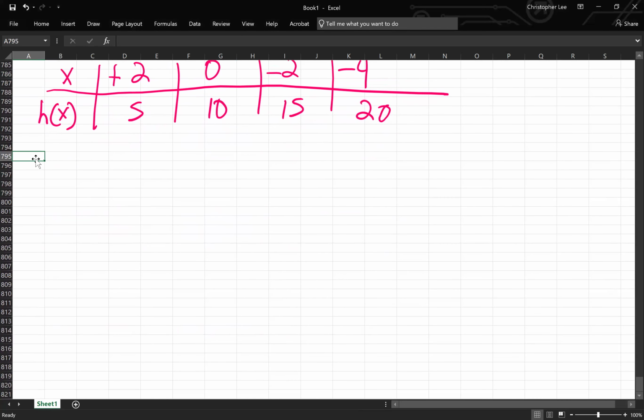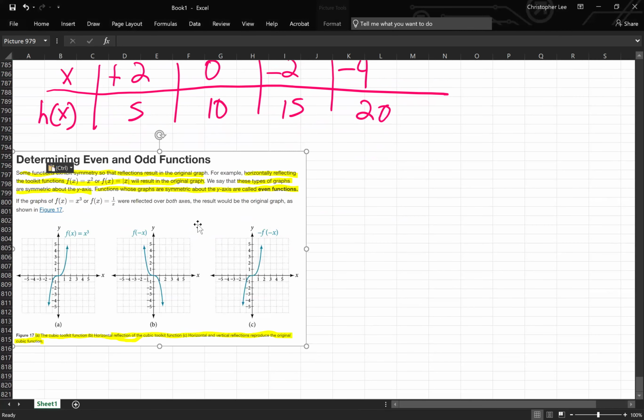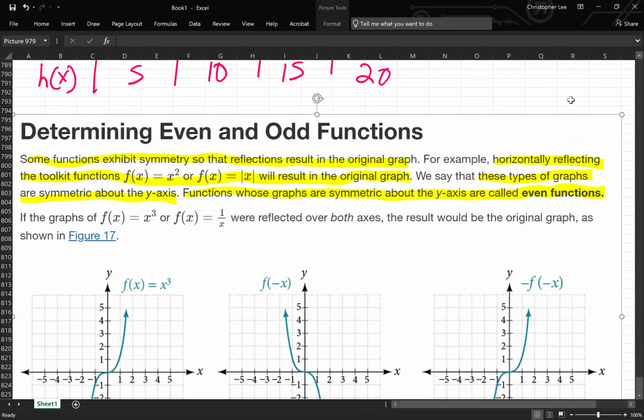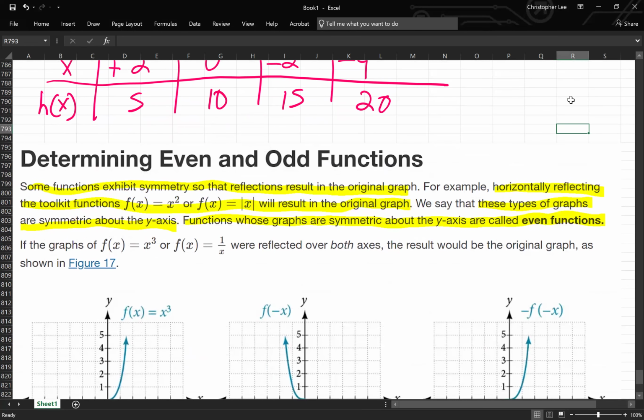So next thing I want to talk about, even and odd functions. All right. So some functions exhibit symmetry so that reflections result in the original graph. For example, horizontally reflecting the toolkit functions f of x equals x squared and f of x equals the absolute value of x will result in the original graph, right?